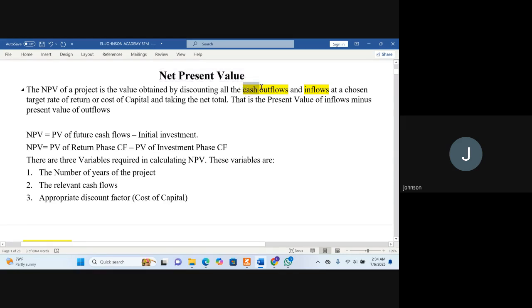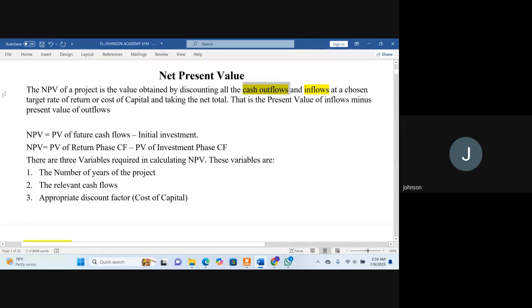Then from that project, you are expecting inflows to come to you in the future. That is what we call cash inflows. So under net present value, we have two types of cash flows: the investment stage cash flows, and the return phase cash flows.